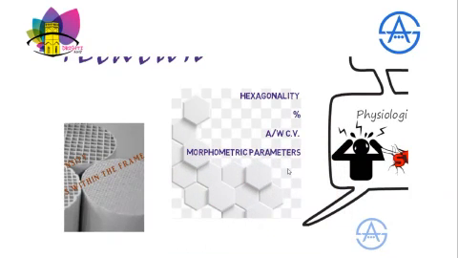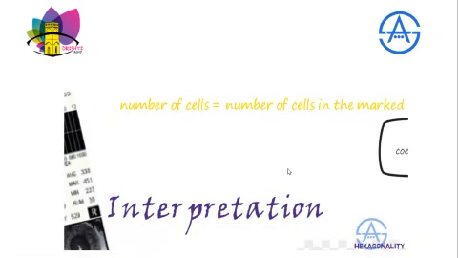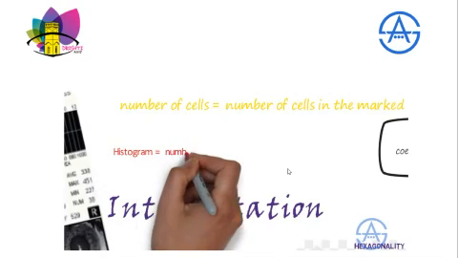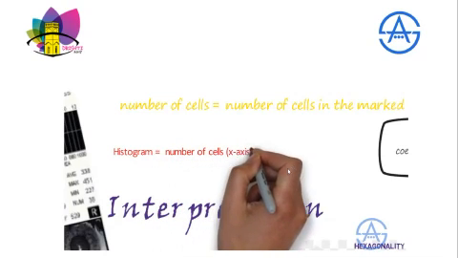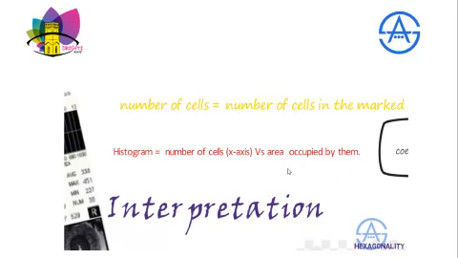And finally we have the histogram, that is the number of cells with regard to the area occupied by the cells.